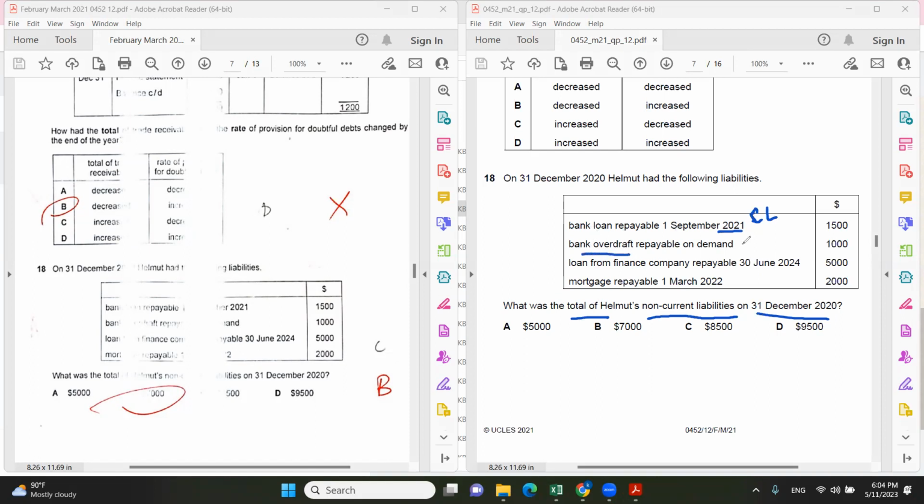Bank overdraft, current liability. Loan from finance repayable is more than 1 year, so this is non-current liability. Mortgage pay 2022 is also more than 1 year, so this is non-current liability. So the total should be 7,000. Get it? Yeah. Okay. Now let's continue.